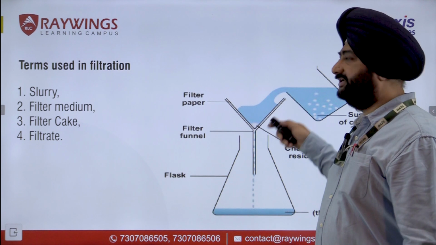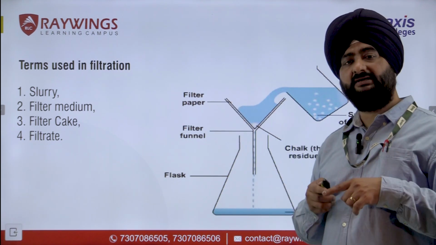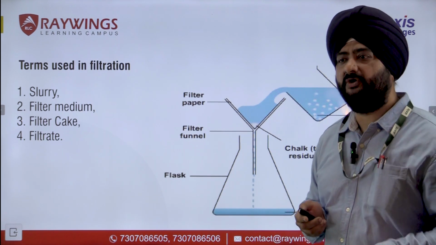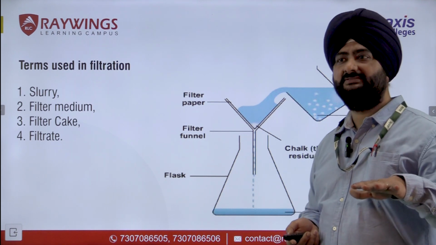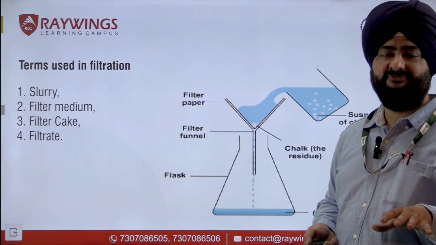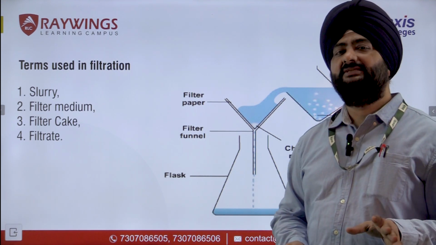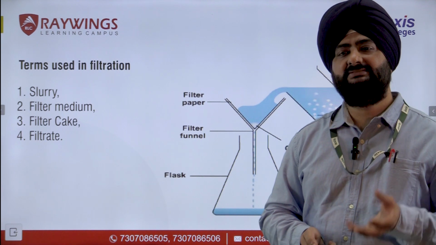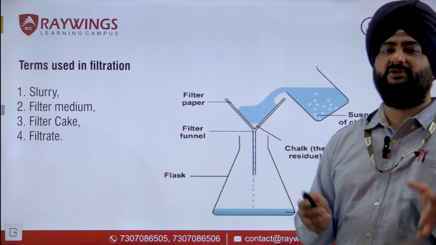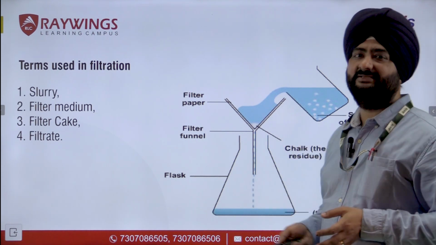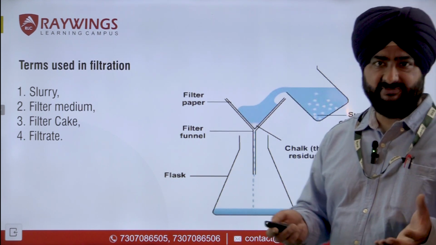After filtration, filter cake remains on the filter medium, and at the bottom we get clear filtrate. Clear doesn't mean that if the slurry is in any color we get colorless filtrate. No, it means the filtrate does not have any solute particles, right? All the solid particles remain on the filter medium, so by this we can easily separate out our clear filtrate.